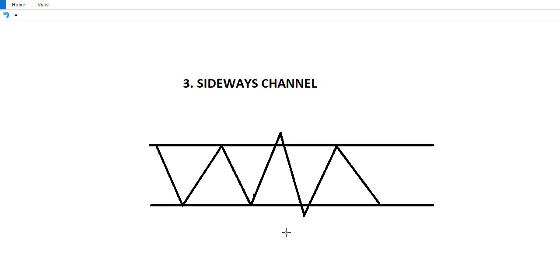So, in the sideways channel, we need at least two touches on the upper trend line of the sideways channel and two touches on the downward trend line of the sideways channel.